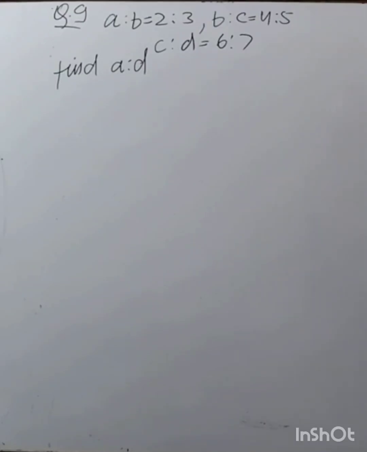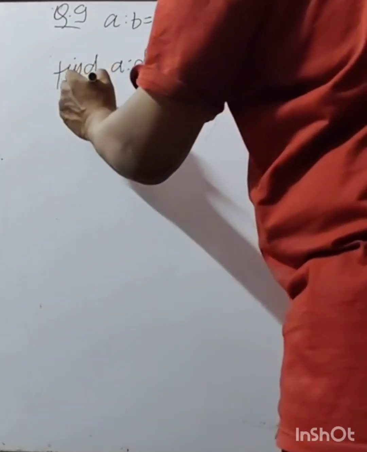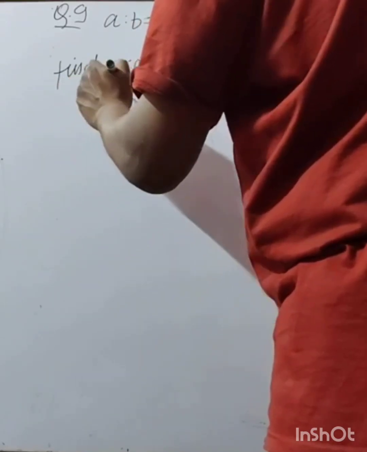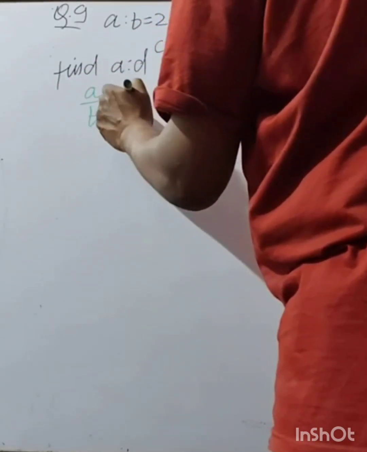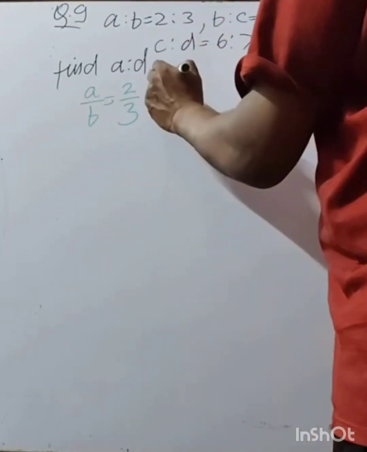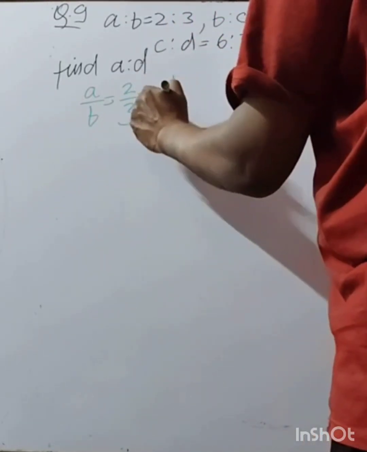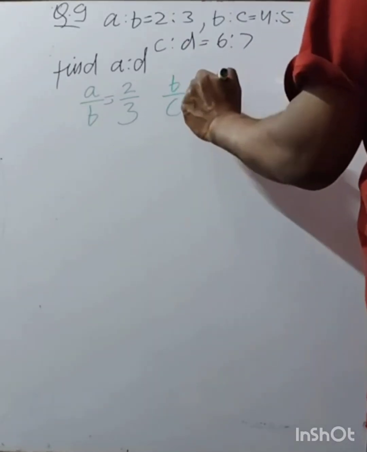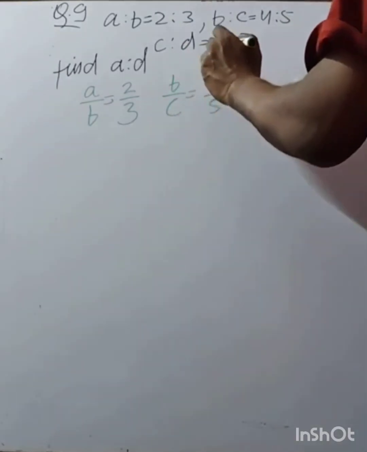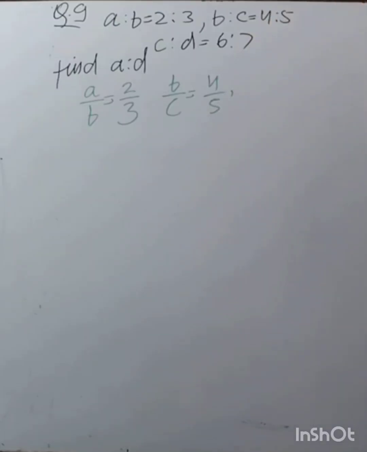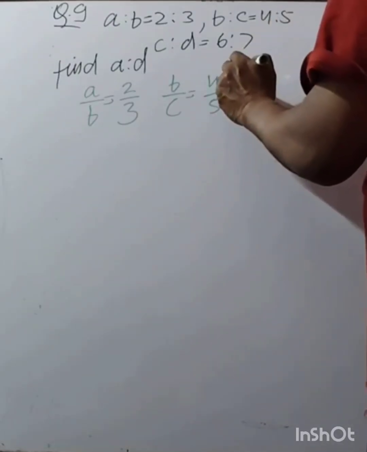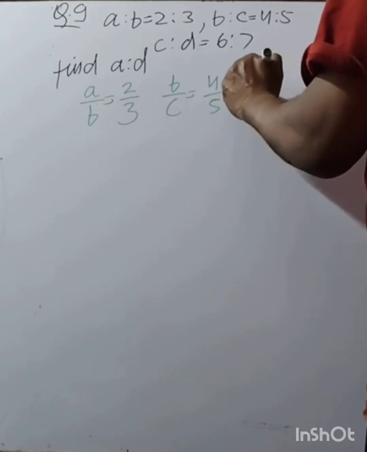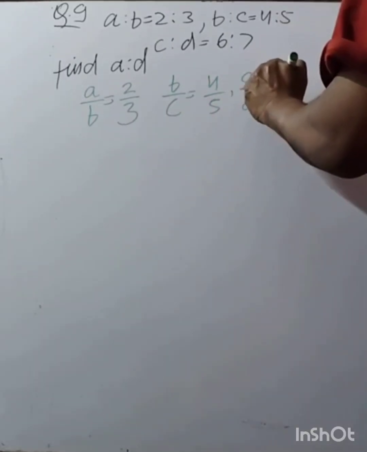You write A upon B is 2 upon 3. You write B upon C is equal to 4 upon 5. And C upon D is equal to 6 upon 7.